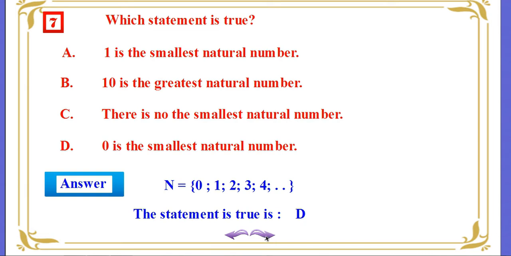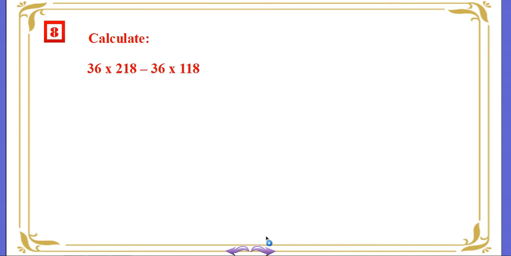We go to lesson 8. Calculate 36 multiplied by 218 minus 36 multiplied by 118. This is a quick calculation. If you calculate in order, you will calculate the two multiplications first and then subtract.